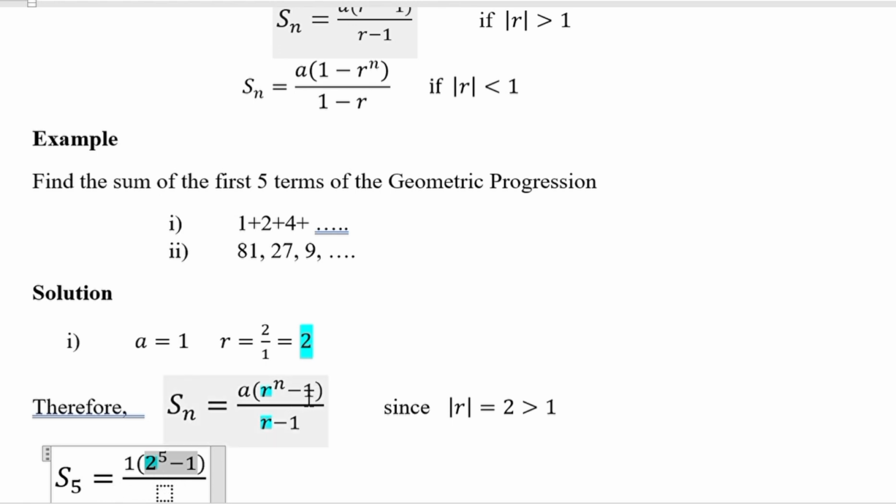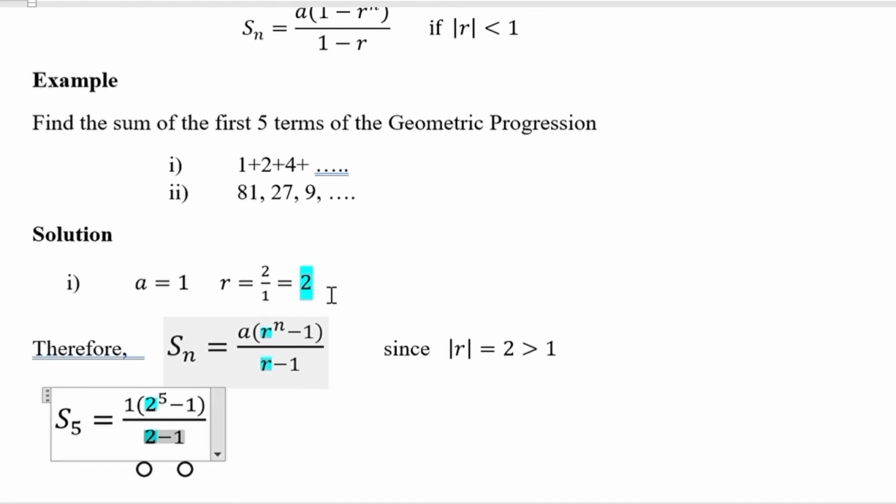As the formula states, we subtract 1 over the common ratio, which is 2 minus 1. I've decided to use this color so that you can track the common ratio with ease.